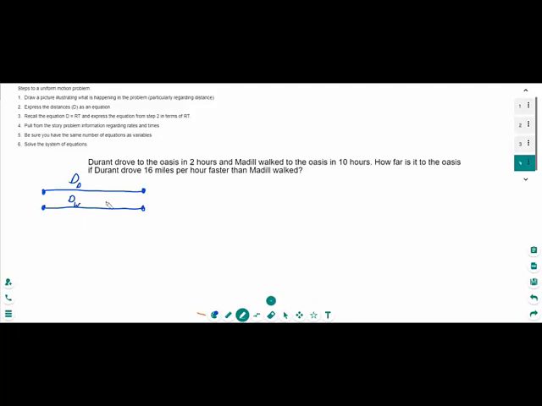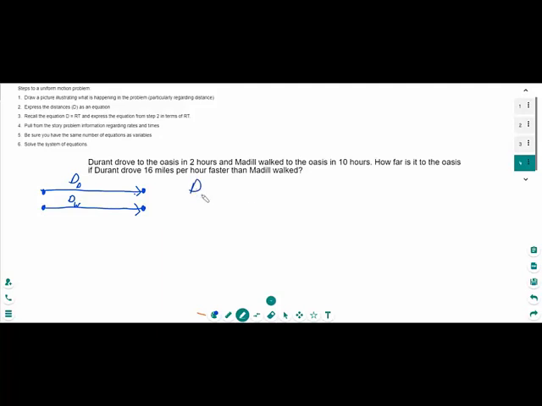All right. And again, the key thing to recognize here is that the distances are the same. They both started in the same place. They both ended in the same place. So if you want to draw your arrows in, he drove from here to here, and then Maddel walked from here to here.